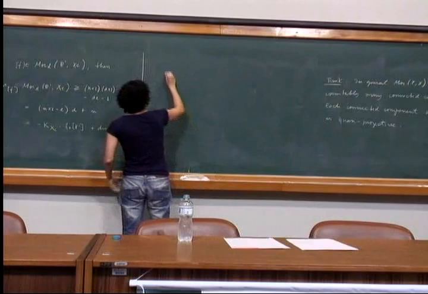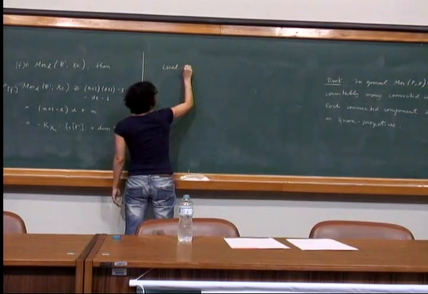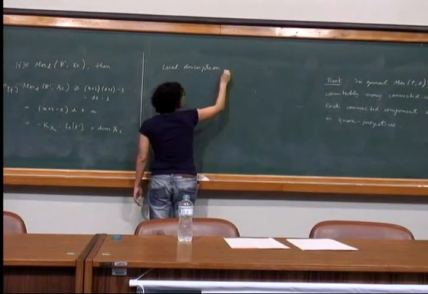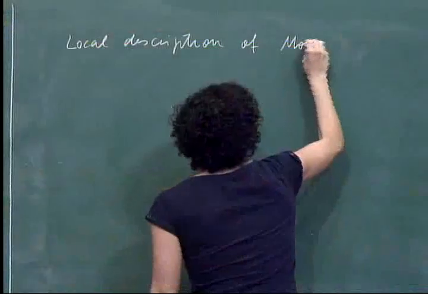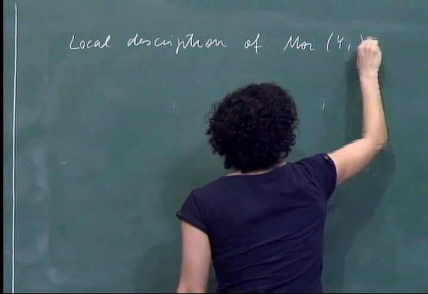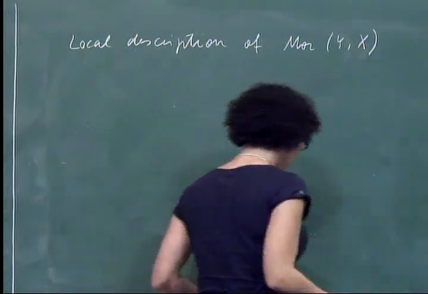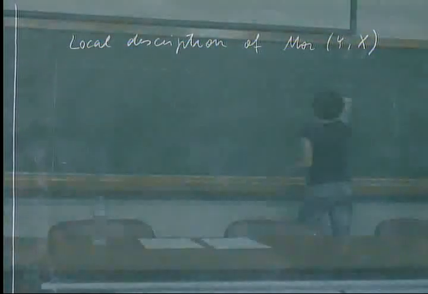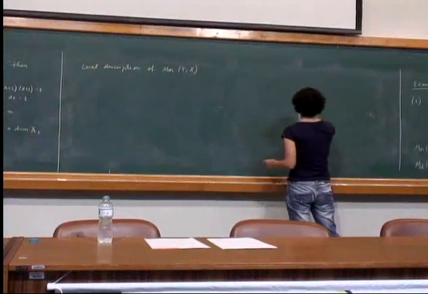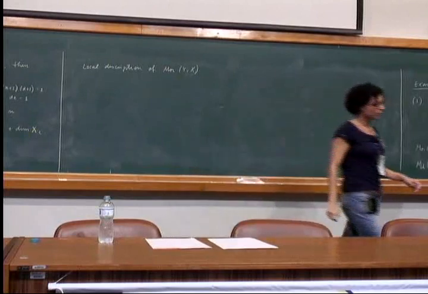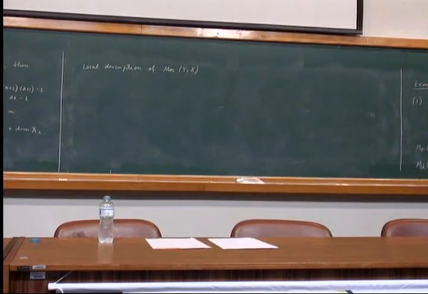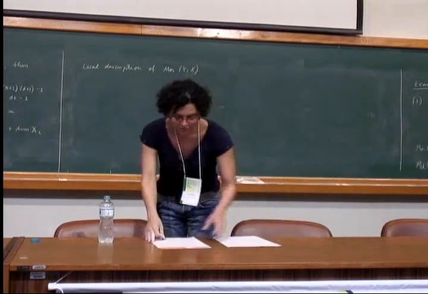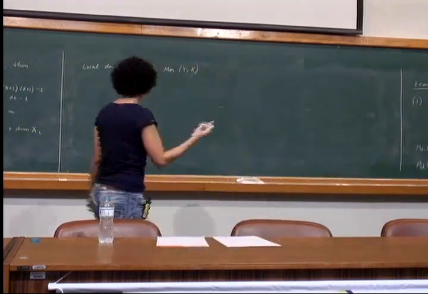So this is a local description of the scheme Mor from Y to X. Okay, so before I state the theorem, let me just make an intuitive picture.